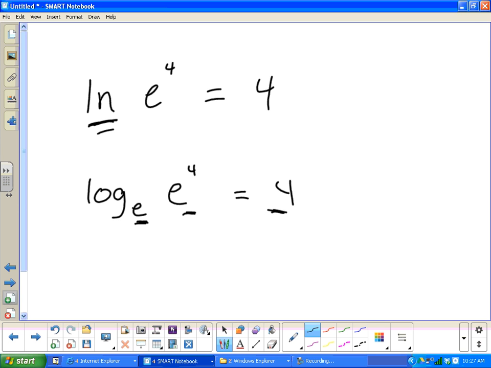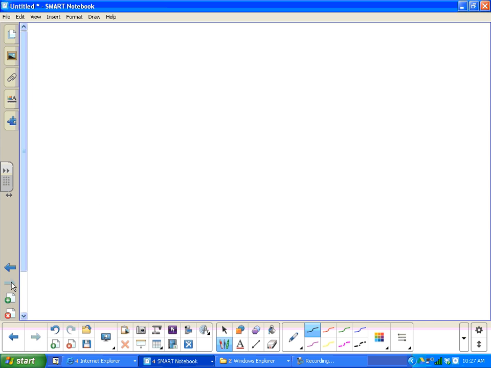Now, let's look at one where we have a base of e. It's actually going to be a little bit of a shorter problem. This one's number 29, and it's 5 times e to the x equals 23. We can't use a common base, so we need a logarithm. We're going to use a natural log. Before we take natural log on both sides, we need to get rid of the 5.